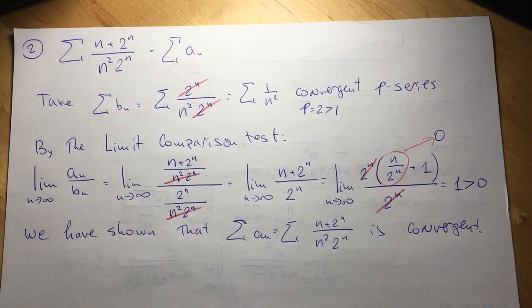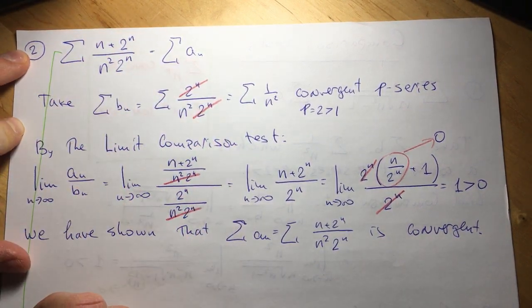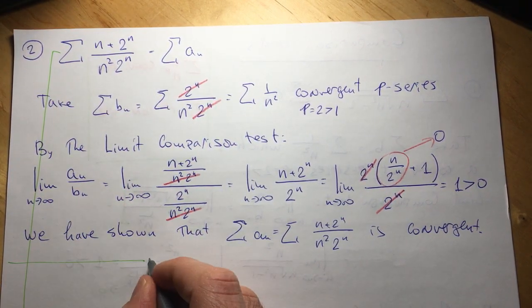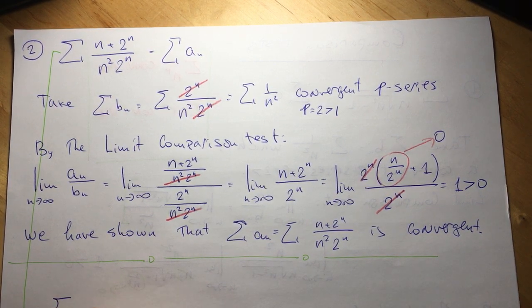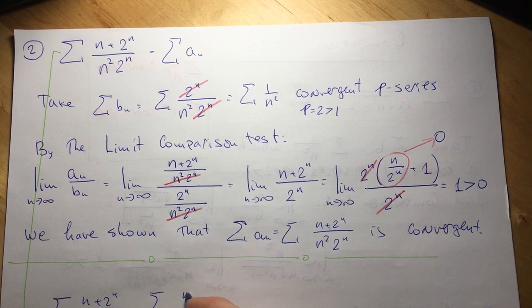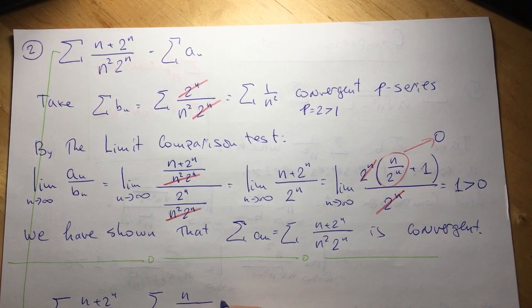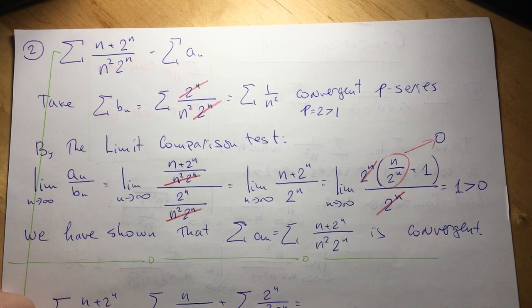Another way to do this, and I'm going to leave this for you: maybe for some of you it would be natural to start this problem by splitting this expression into two expressions, n over n squared 2 to the power n plus sum of 2 to the power n over n squared 2 to the power n, and then treat these two different sequences.